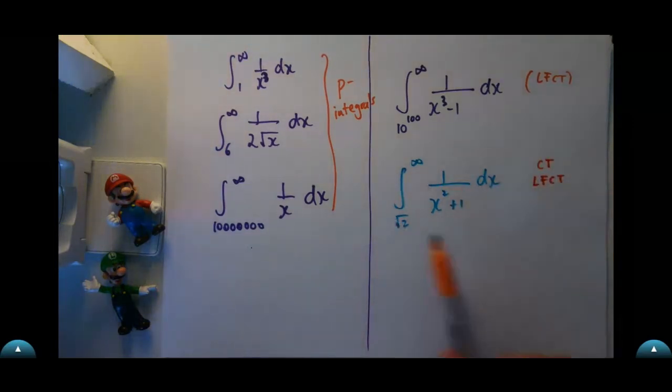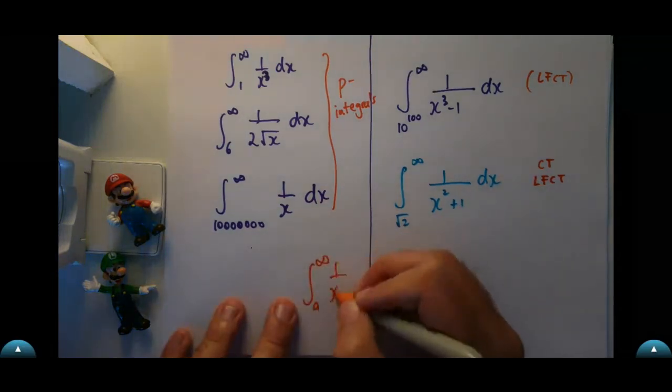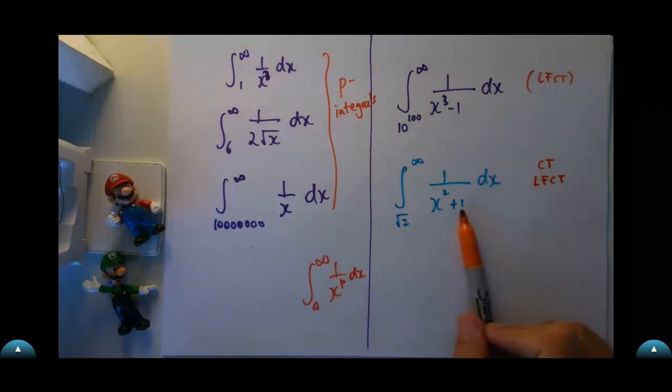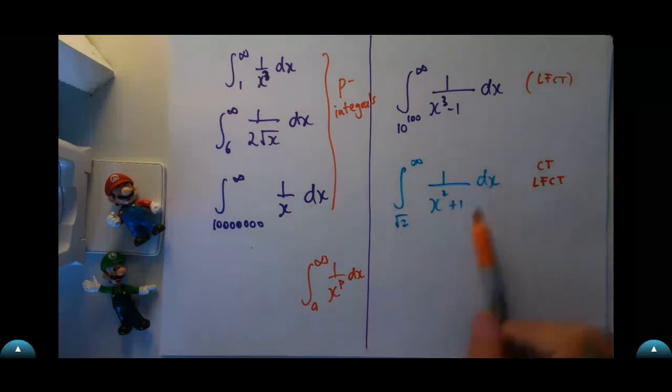What other ways could you use? Well, it's not, Russell, good idea. It's not strictly speaking a p integral because it doesn't look like this. Can you see how we've got an extra constant? But there is another way you could do this integral. What's another way you could do it?